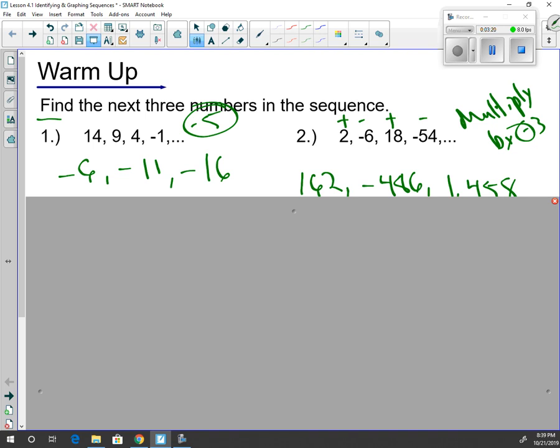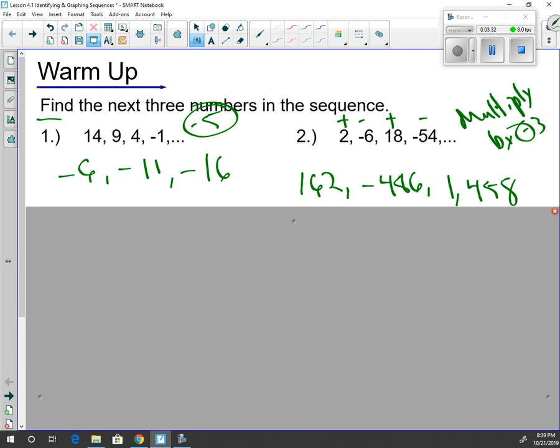Remember, if you multiply a negative times a negative, it's positive. If you multiply a positive times a negative, it's negative. That's how we end up achieving the alternating sign numbers. So the pattern then becomes, if we multiply this by -3, we get 162. If you multiply that by -3, we get -486 and positive 1458.